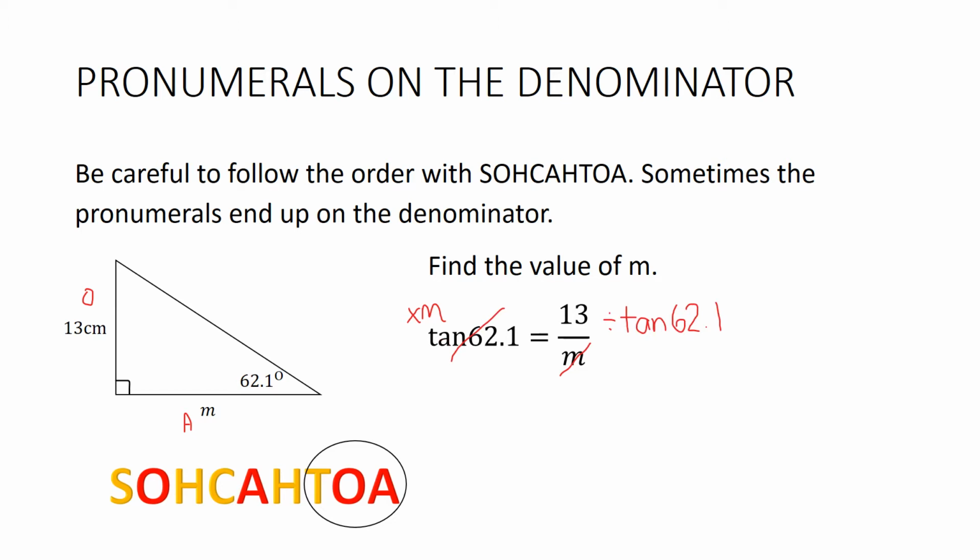So it would become that. So can you see how that tan 62.1 and the m have swapped places? The m's become a times, the tan 62.1's been divided by. So we can go straight from this line to this one. Okay, they just switch places. Then we put it in the calculator and we get 6.88 centimeters.